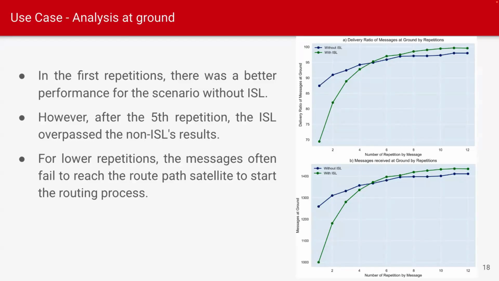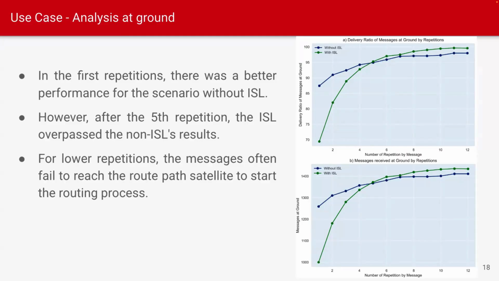What happens is that if we have low repetition, without ISL is better because we have this issue of choosing the right satellite to do the routing. If the packet is not reaching the wanted satellite, the packet is discarded.